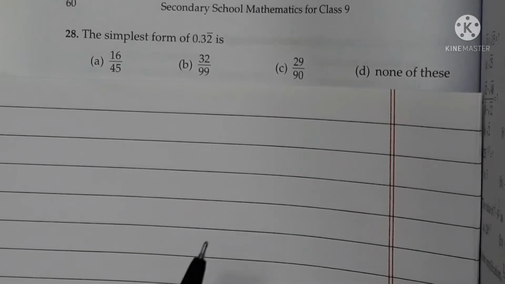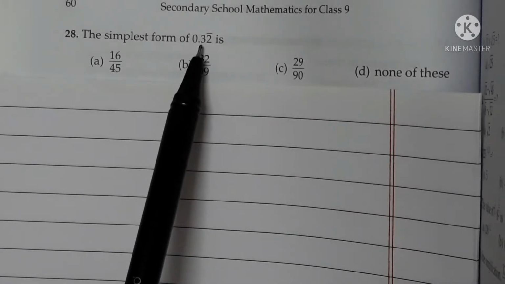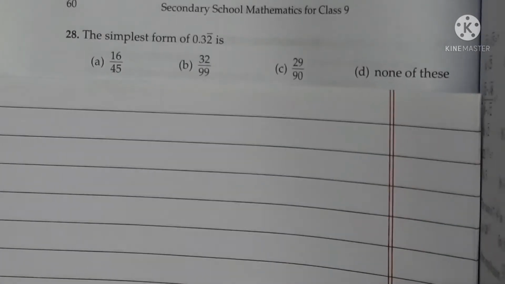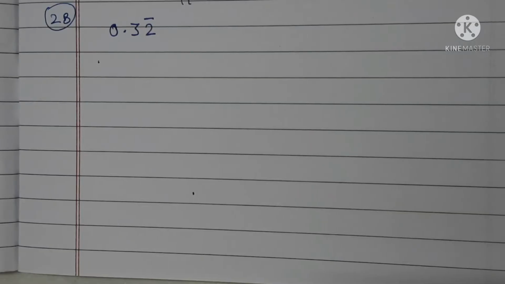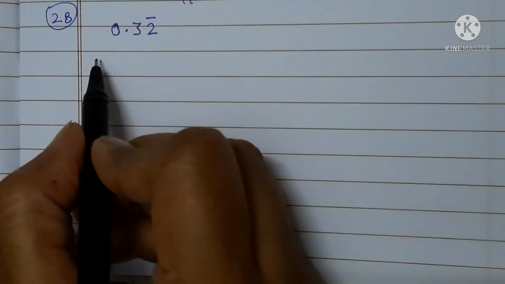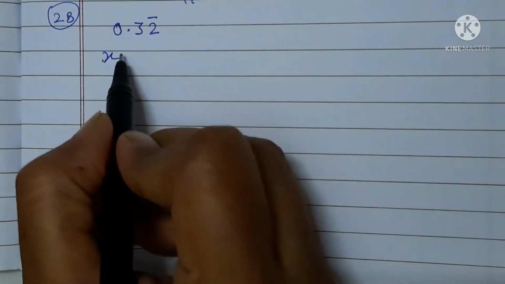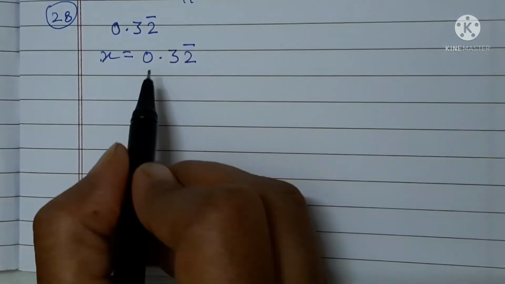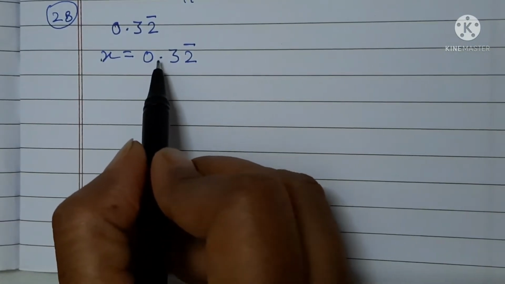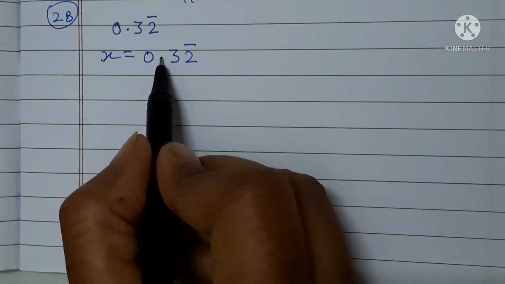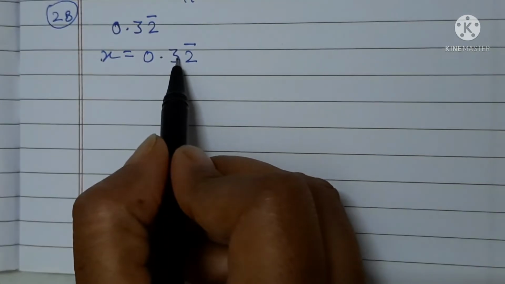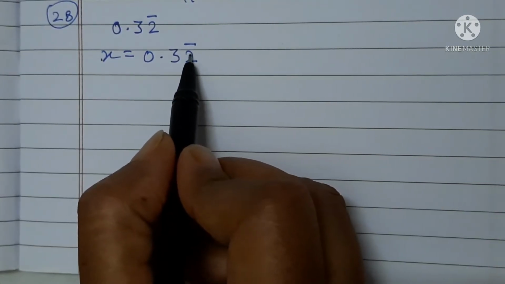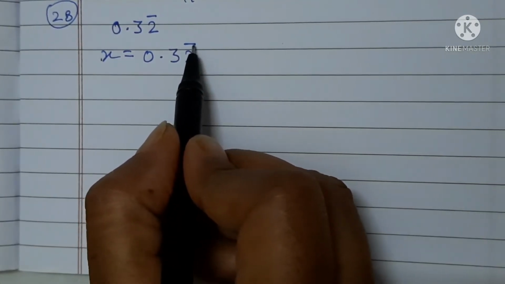The simplest form of 0.32 bar is, let's solve it. Now suppose x is equal to 0.32 bar. The first step is that this decimal will shift to the right, but before the digit having the bar.